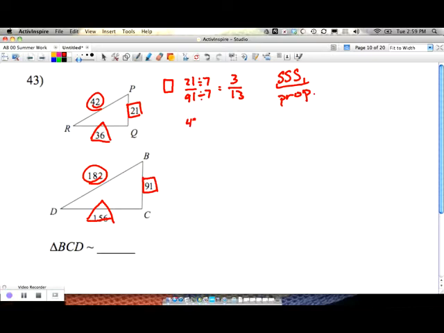We got 42 and 182. Well, I know if I split this in half, that would give me the top one. So that means I have to divide this one by, what would we have here? 14 and 14. And that's, again, going to give me 3 over 13.